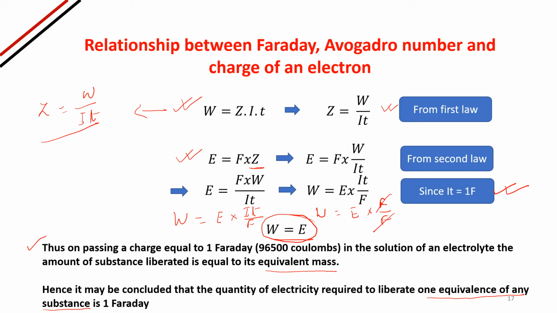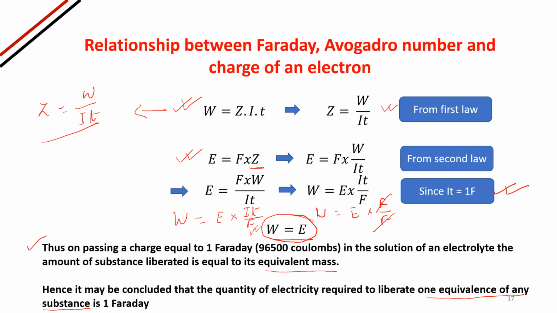Again, I am repeating. Hence, it may be concluded that the quantity of electricity required to liberate one equivalent of any substance is 1 Faraday, as equivalent mass is equal to the weight, the amount of the substance liberated.